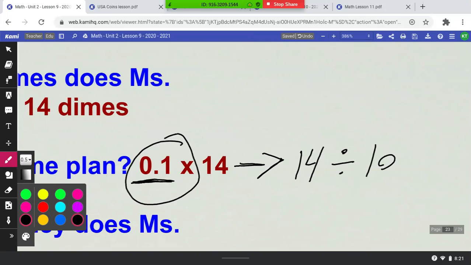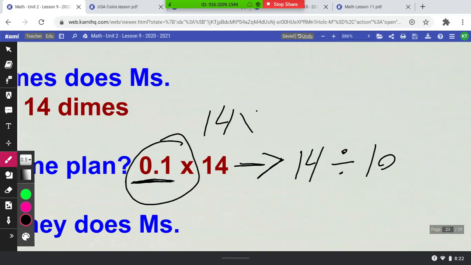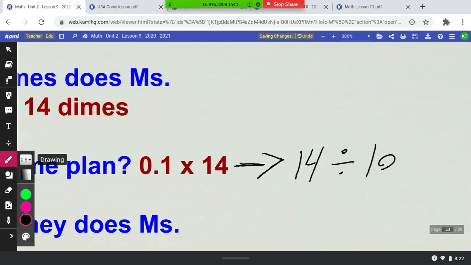When we multiply by a number less than 1, that would be the same as dividing by the whole number version, or the reciprocal. So 14 times 1/10 is the same as 14 divided by 10. So let's work that out and see what would happen.